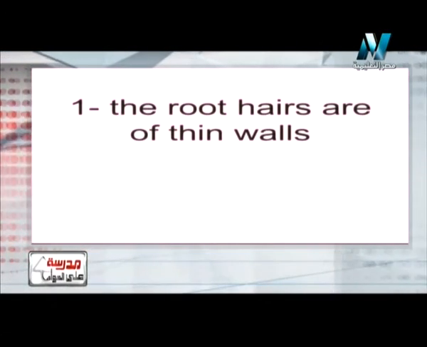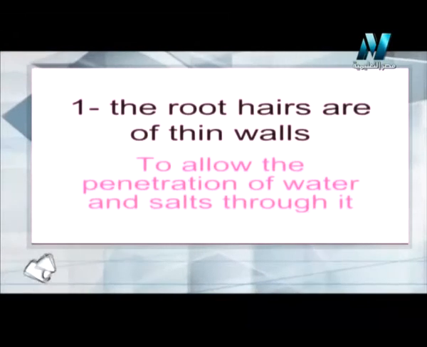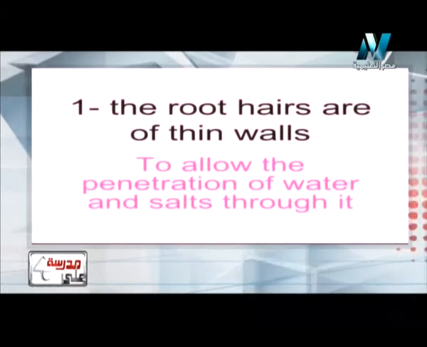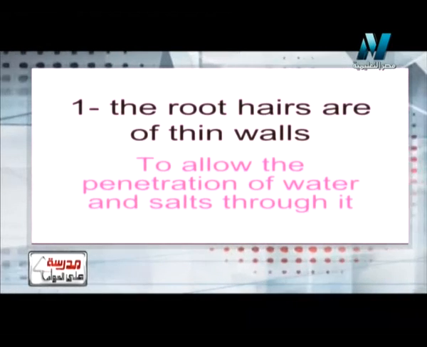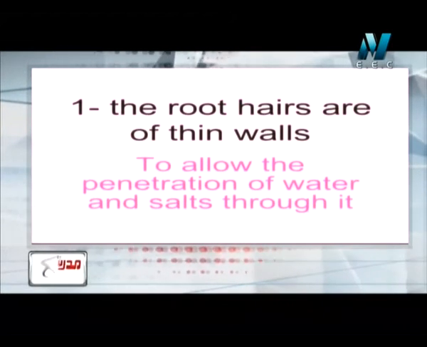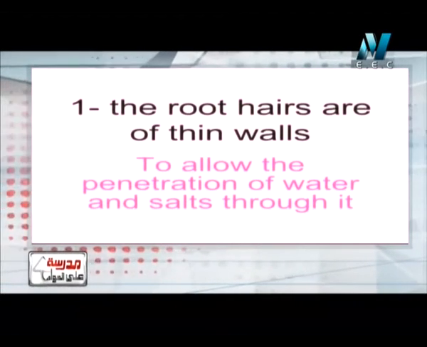To help in the penetration of the substances into the root hair, so that materials can enter the cell or leave it according to the plant's need. So the answer will be: to allow the penetration of water and salts through it. Again, to allow the penetration of water and salts through it.